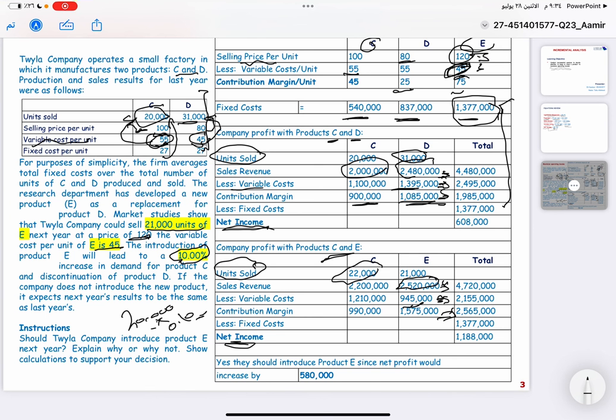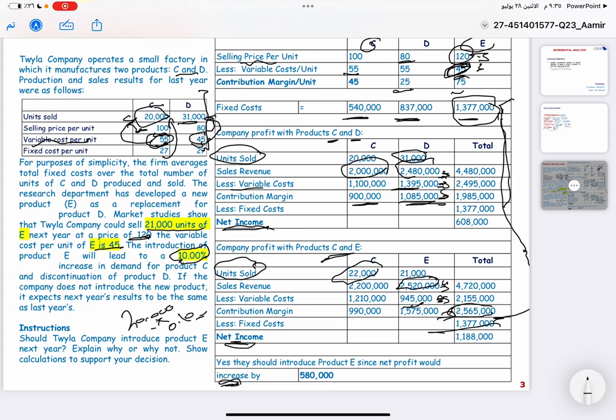The contribution margin is 2,562,000 minus the fixed cost from the question, 1,377,000, which equals 1,188,000. Okay.